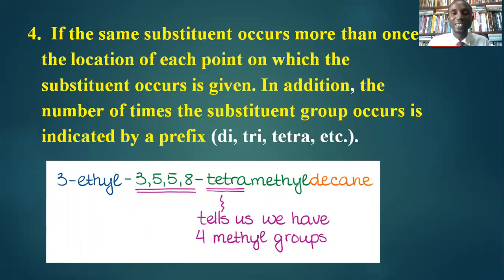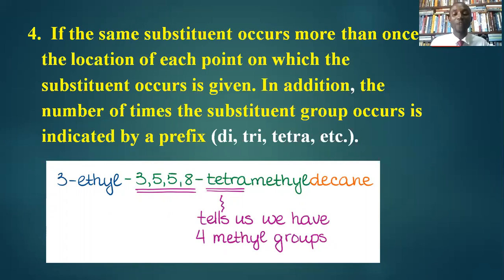The first one is at the 3rd carbon atom where the ethyl is also. Then the next 2 are at the 5th carbon atom. The next one is the 8th carbon atom. That means we have 3, 5, 5, 8 hyphen tetramethyl, telling us that methyl appeared 4 times there.